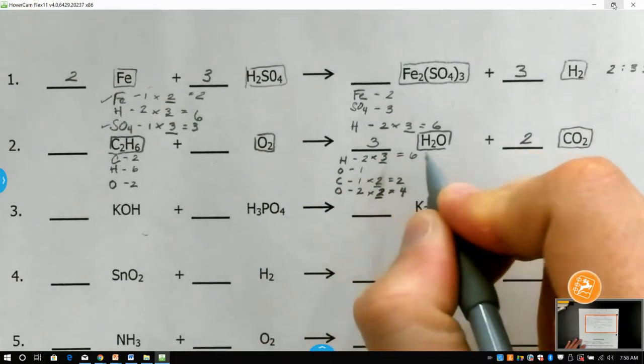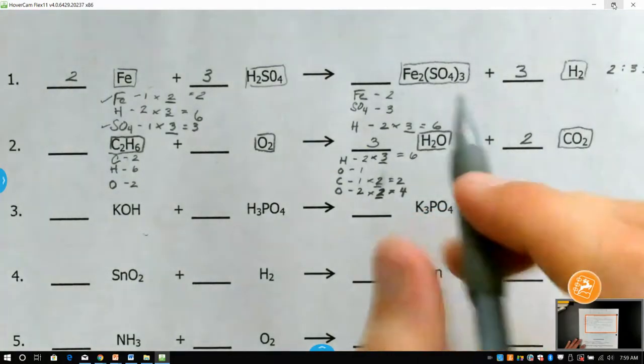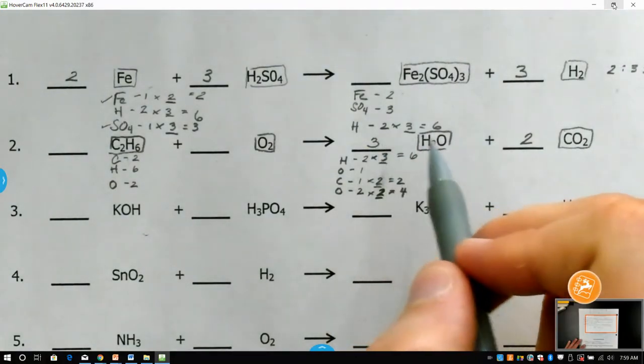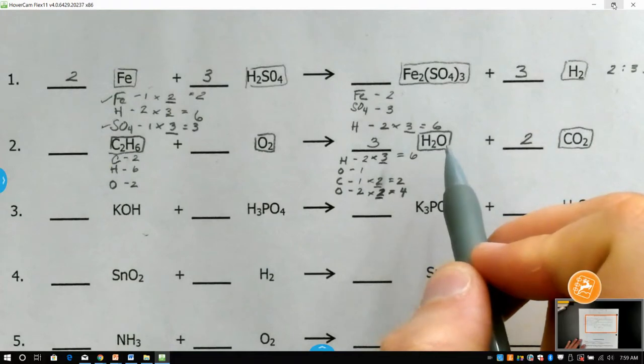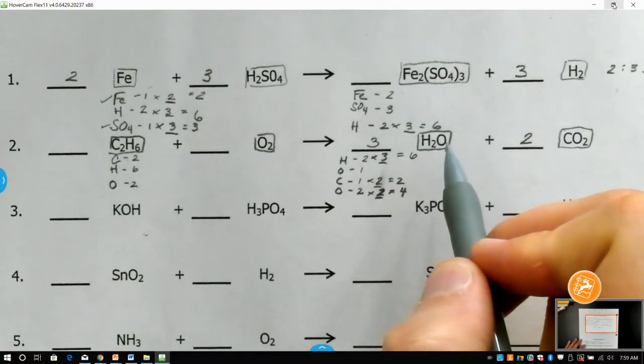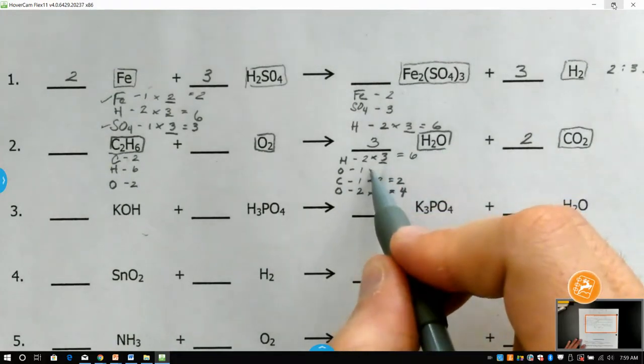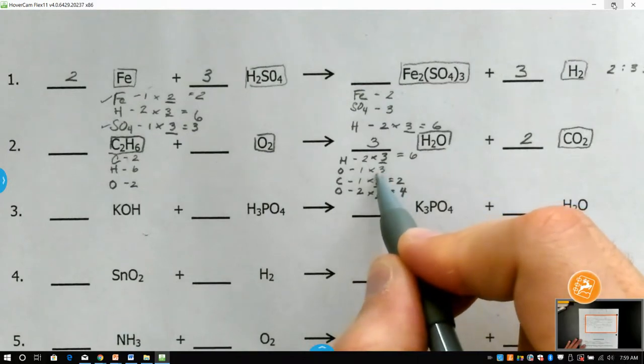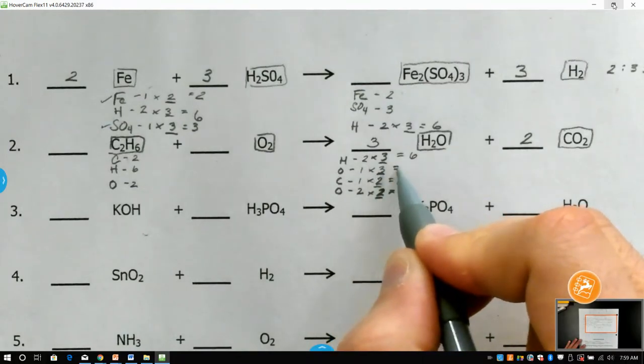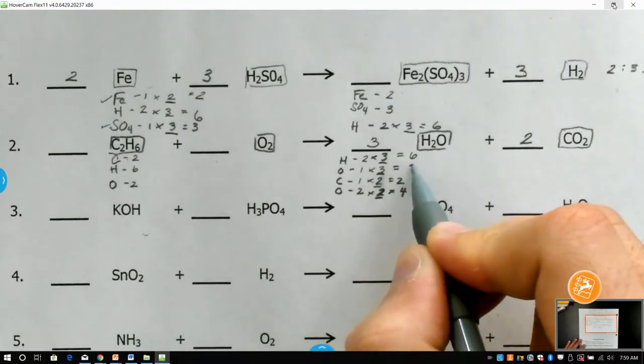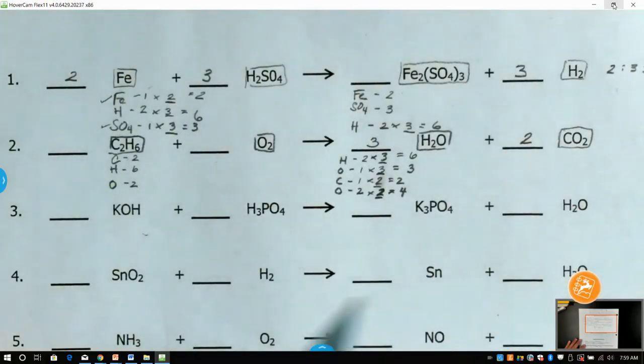That gives me 6. So this 3 now doesn't just apply to this H here, but it applies to this O, correct? One times 3 is?